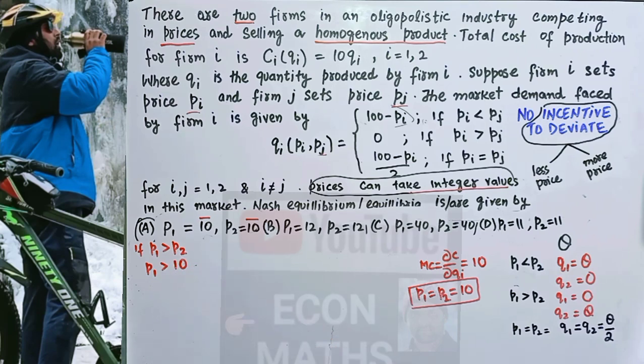What happens in this case? Firm 1 will get zero share of the market. Obviously, as I have told you, whichever firm charges a lower price than its competitors gets all the market share. That means firm 1 will get zero market share and firm 2 will get all the market.